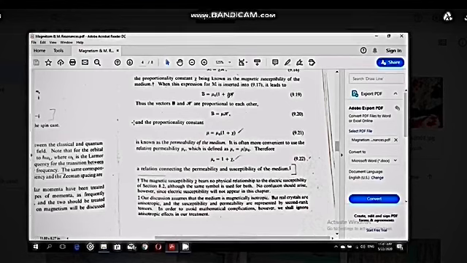Now this is a very useful relation which connects the permeability and susceptibility of the medium. That is, which connects the latest magnetic parameters we have defined.